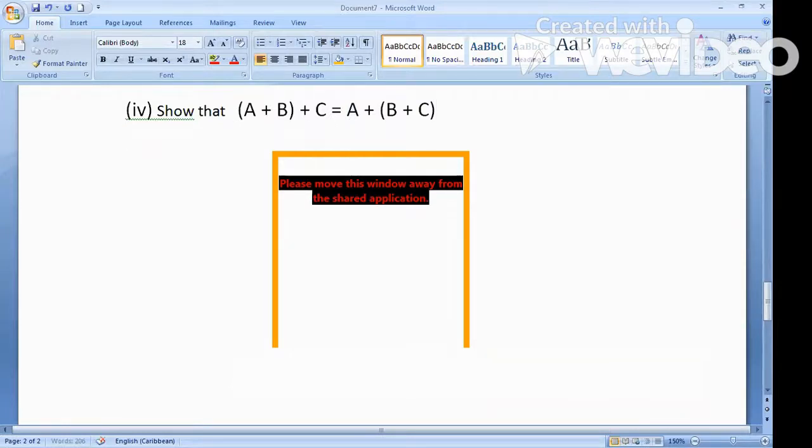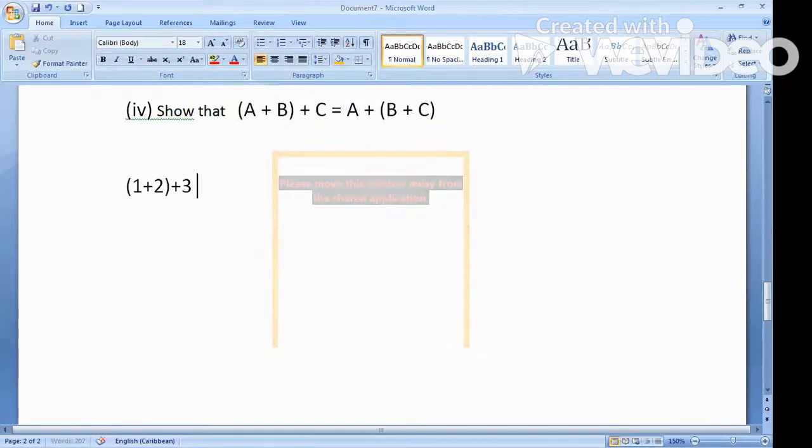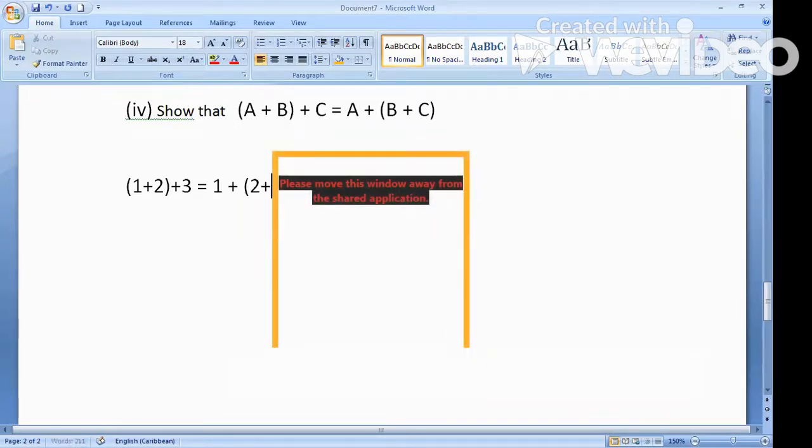Let me give you a classic example. Let us work with regular numbers. For example, suppose I have 1 plus 2 plus 3. And I want to show something: what if I add the last 2? Would I get the same answer?